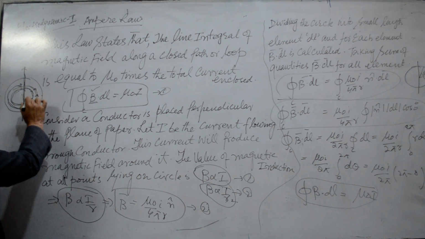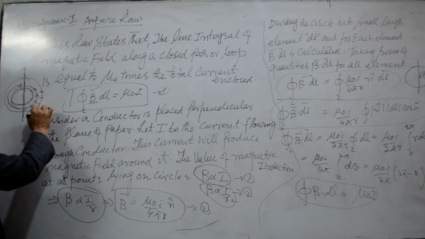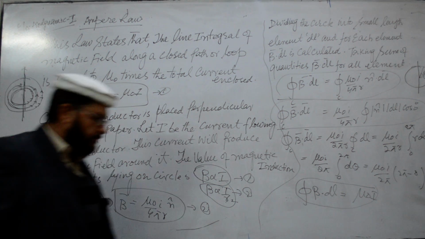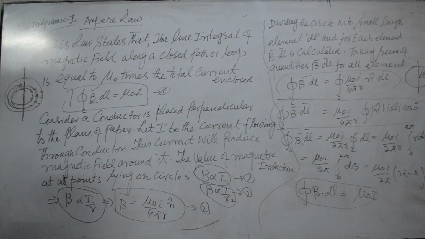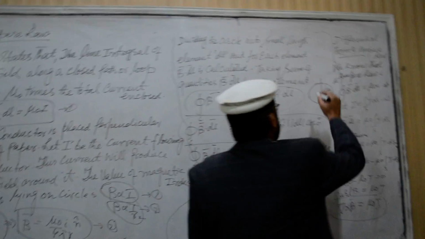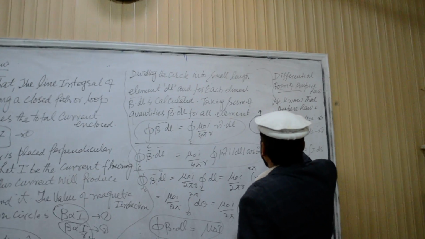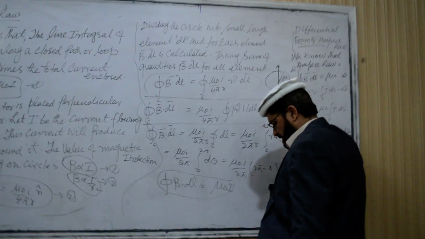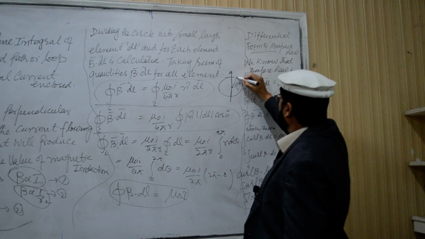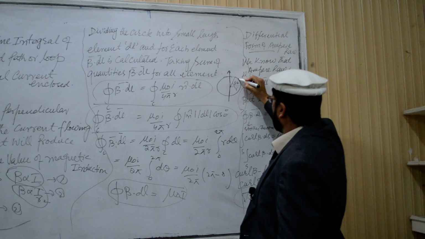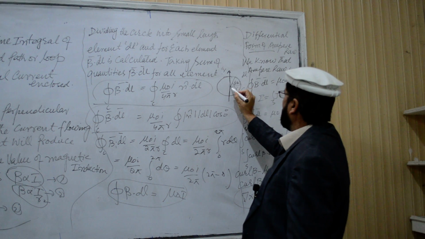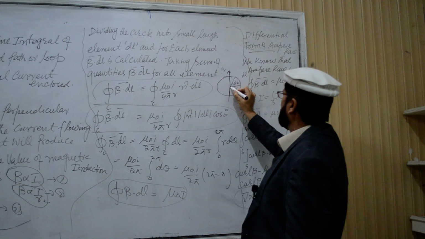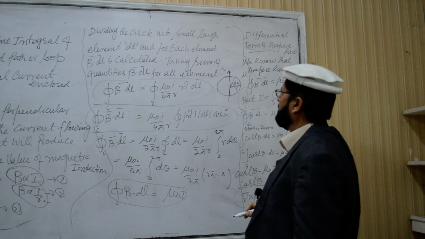For example, there is a wire carrying current, and around the wire there is a magnetic field. Let us say this is a small length element dl, the wire carries current I, and this small element is at a distance r from the wire.